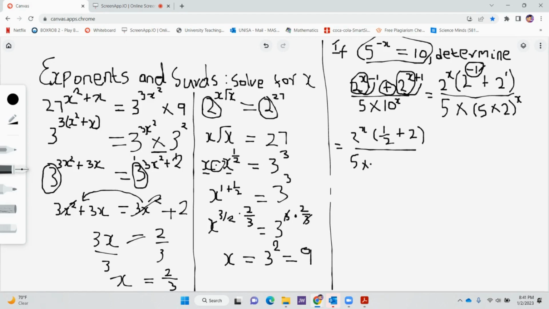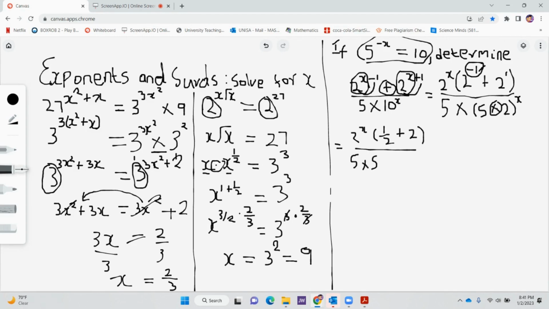Multiplied by 5 to the power of, so remember it's 5 to the power of x, 2 to the power of x, because it's a multiplication in between. We wouldn't have been able to do that if it was a plus or a minus. Not possible if it's a plus or minus.